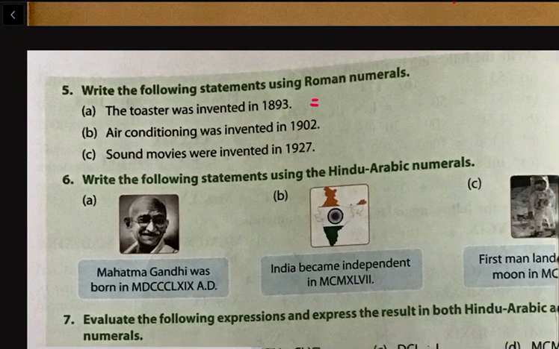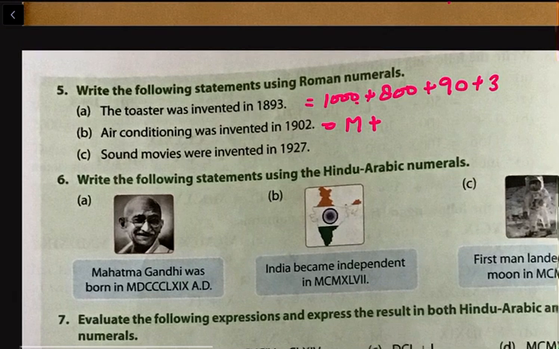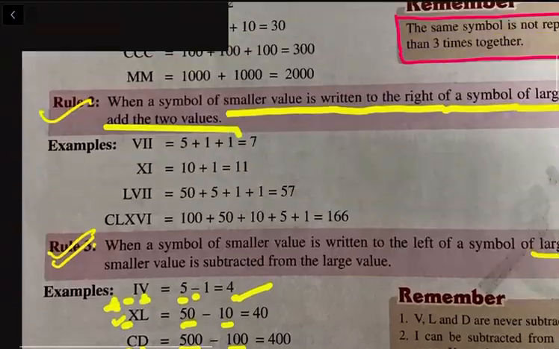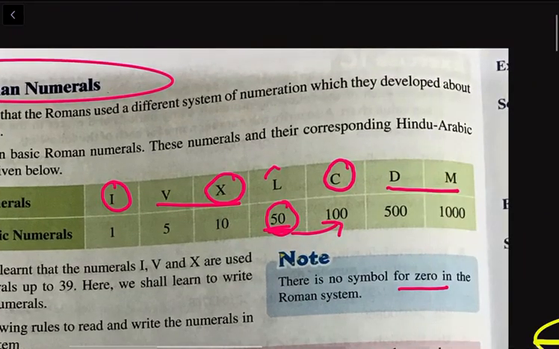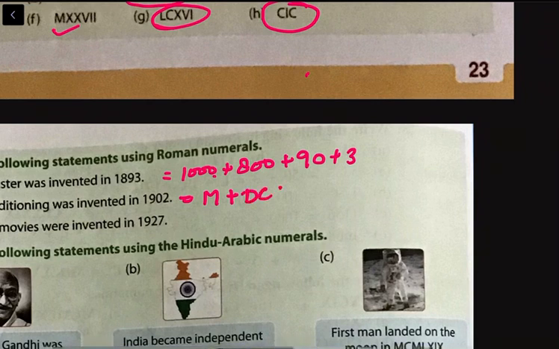It means 1000 plus 800 plus 90 plus 3. 1000 means M. 800 means 500 plus 300. 500 is D and 300 is CCC, so 800 is DCCC.